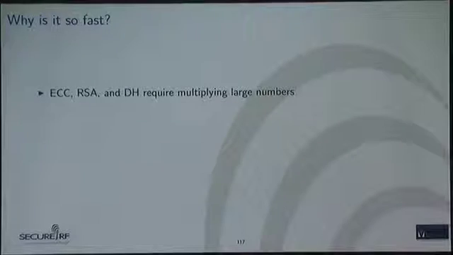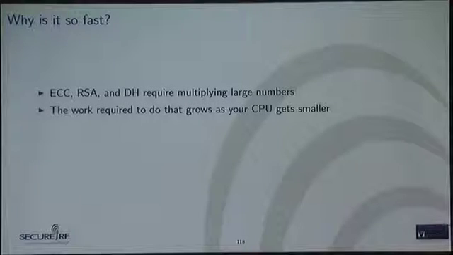Diffie-Hellman, even that size or larger as well. The problem is that as your processors get smaller, the amount of work you have to do for those computations actually grows, because you have to break them up into smaller and smaller pieces and put them back together. So as your processors get smaller, there's more of those multiple part steps you have to do, which makes the work much harder.